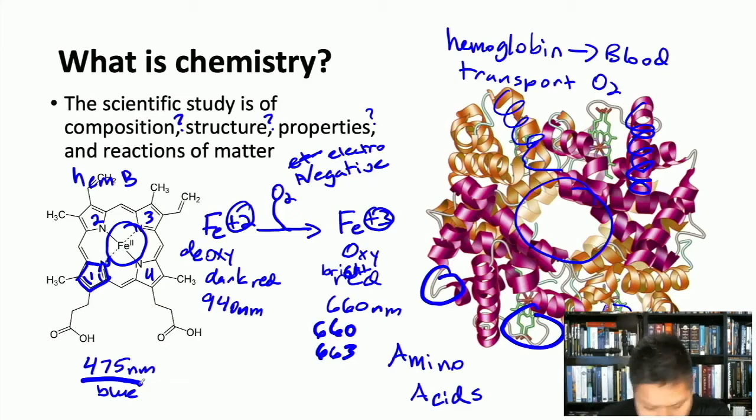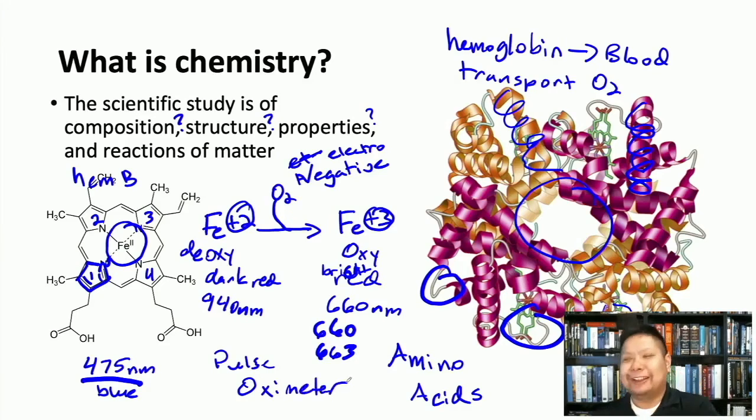Why is that even important? Well, have you ever gone to the doctor or the emergency room and had to use a pulse oximeter? A pulse oximeter works on this change in wavelength right here.